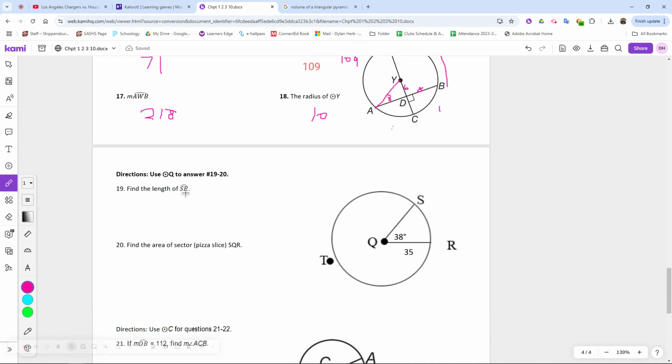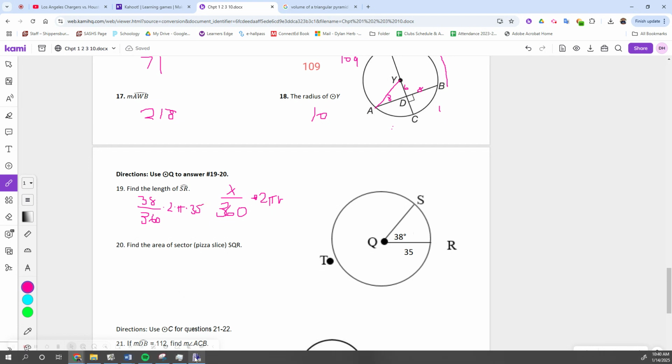All right, moving on. Find the length of SR. Well, arc length formula is your central angle, which we called X in our formula, so central angle divided by 360 multiplied by the circumference, which is 2 pi r. Okay, so if we're finding the length of SR, we have a central angle of 38, so we're 38 over 360 times 2 times pi times r, which is 35.